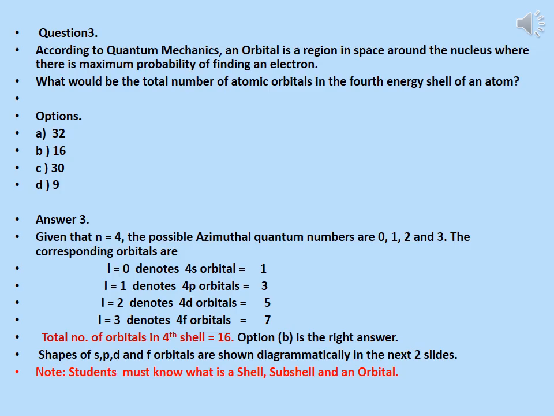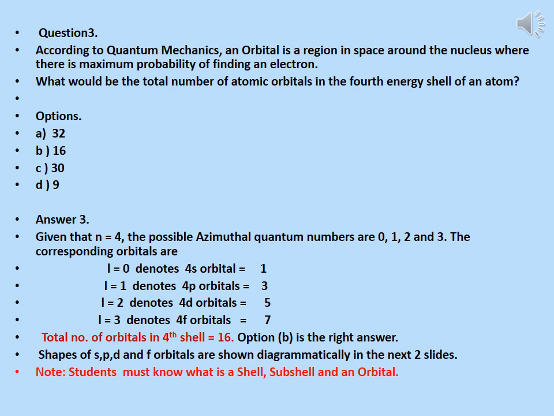Now, subshells are of four types: the s subshell, p subshell, d subshell, and f subshell. s, p, d, and f subshells. What are they? They are regions of space which have different shapes.